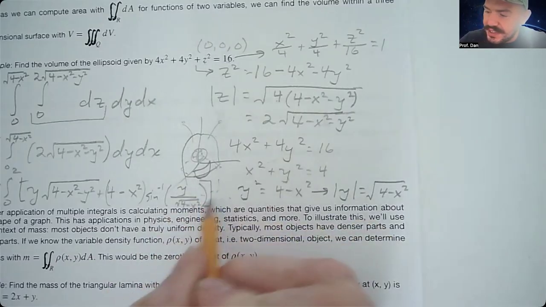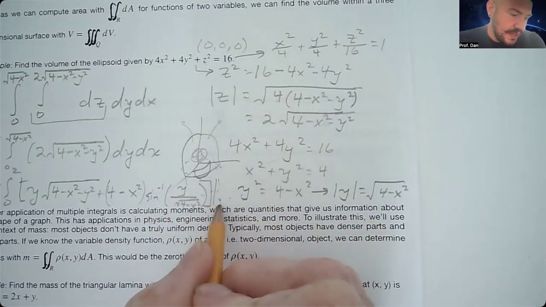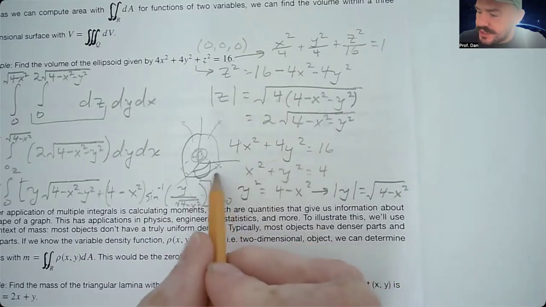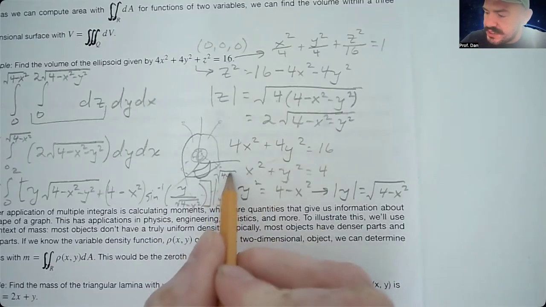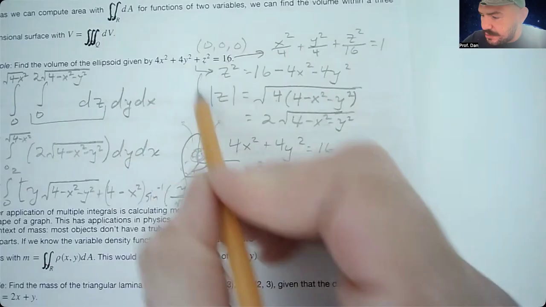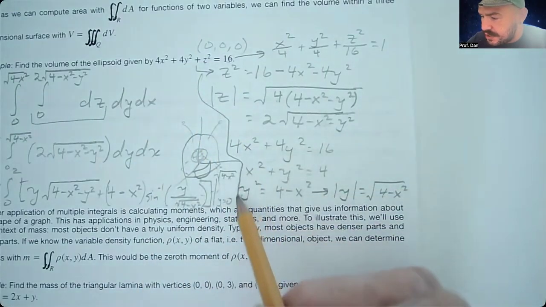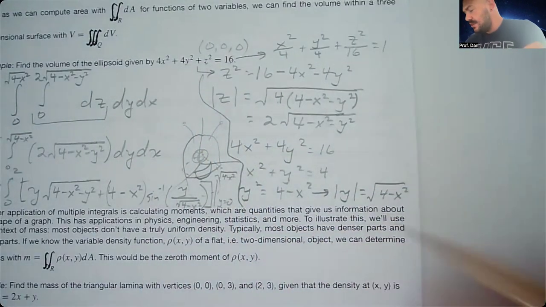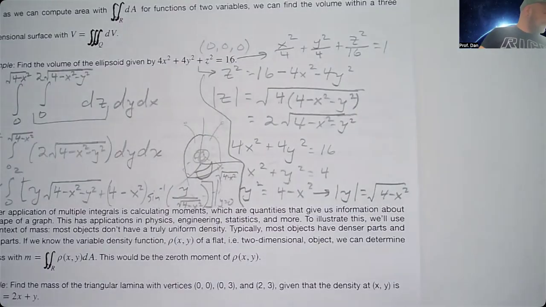And we're evaluating that from y equals 0 to y equals the square root of 4 minus x squared. Okay, we're going to do some boxing off here at minimum. I'll probably find a sheet of paper. I'll use the back of that one.